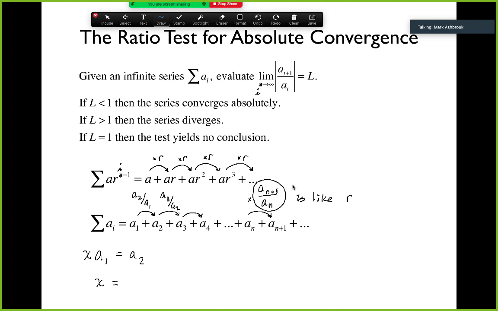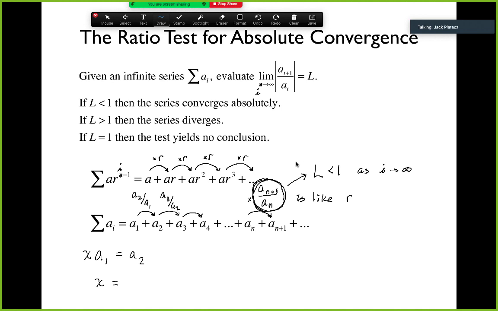But in the limit, if this thing goes to L less than 1 as i gets large, then what can we say? We can say that that ratio is approaching a value less than 1. Well, that's like r. And if r is less than 1, what do we know?